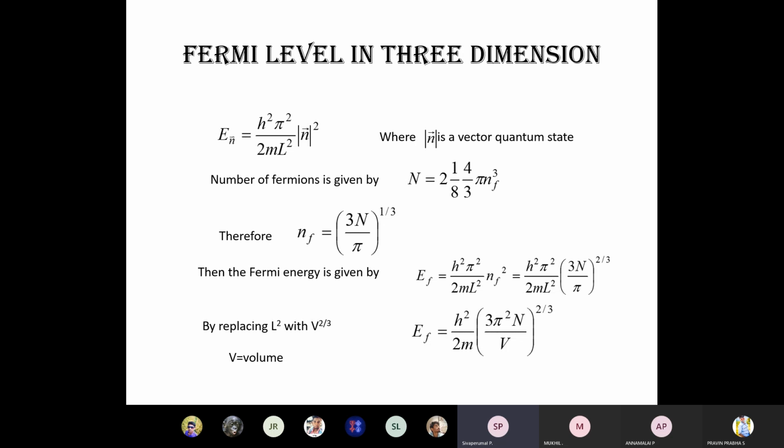In vector format we put an arrow mark indication, and the double bars indicate the magnitude. Magnitude is always positive, never negative.